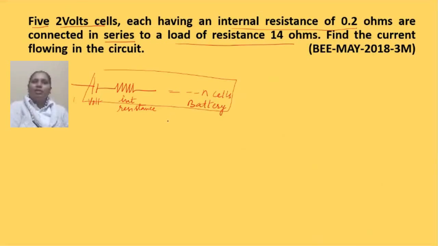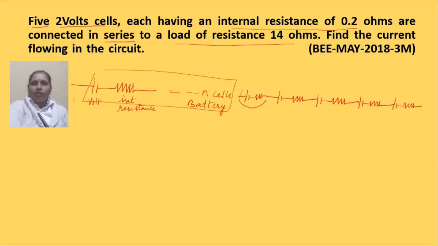Here it is given as 5 2-volt cells with an internal resistance, so let us draw them. There are 5 cells with internal resistance: 1, 2, 3, 4, 5.